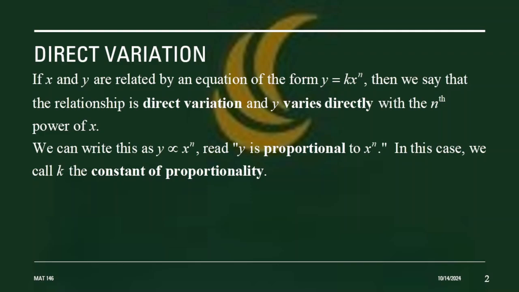K is called the constant of proportionality. It's a very simple relation, but it also happens to occur quite a bit.